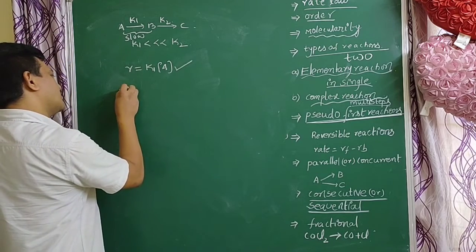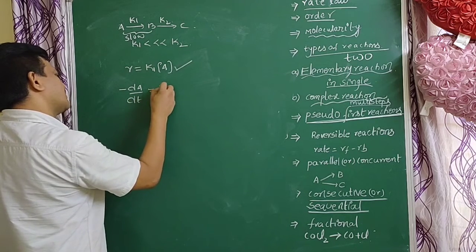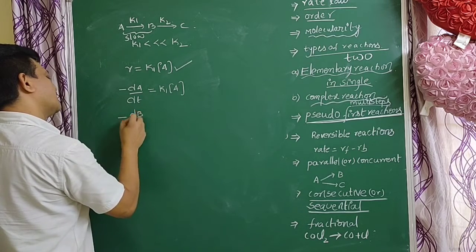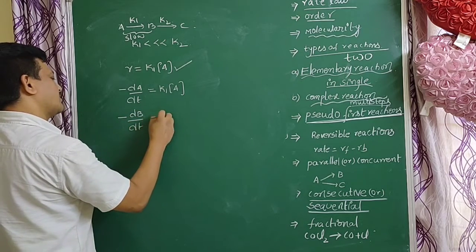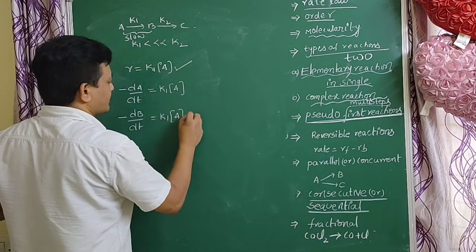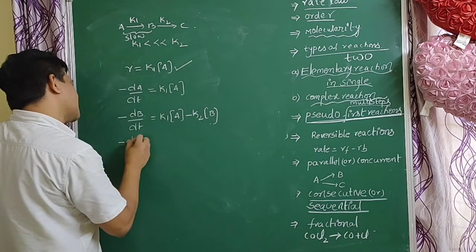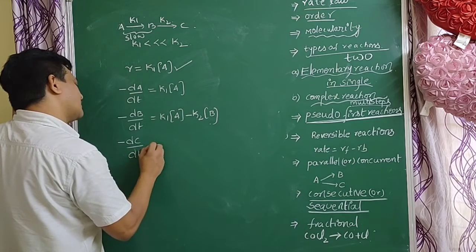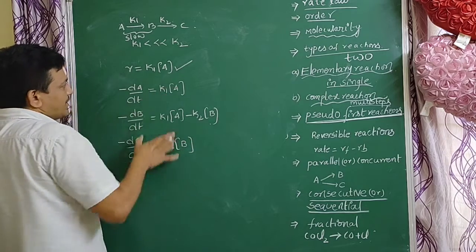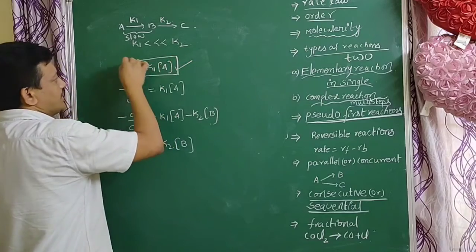So rate, which is minus dA by dt, equals K1 into concentration of A. With respect to B, it equals K1 into A minus K2 into B. With respect to C, it equals K2 into concentration of B. These are all correct, but when the slow step is given, this is the correct representation of that reaction.